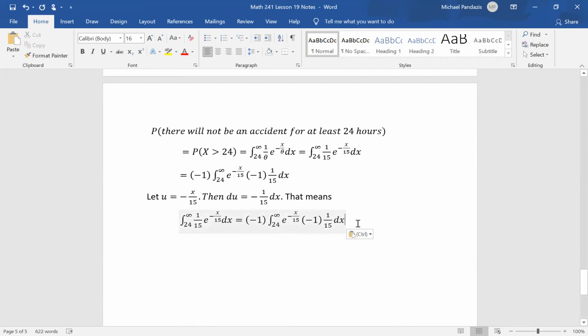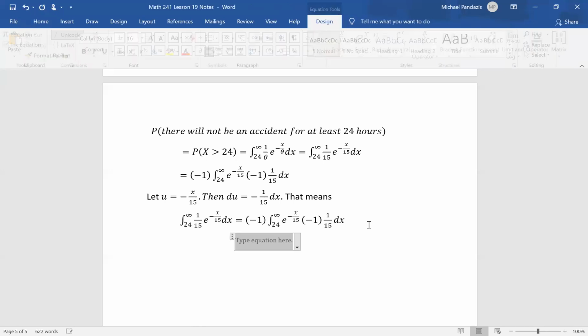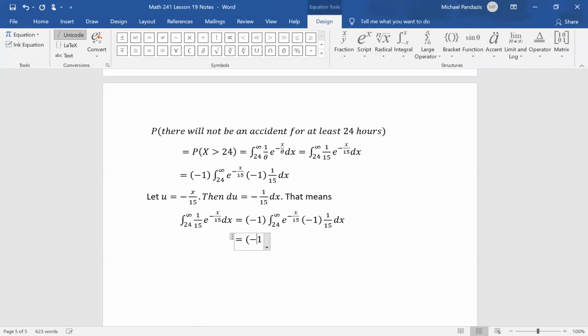See that? Now -1/15th dx, that's du. So this is e to the u du.